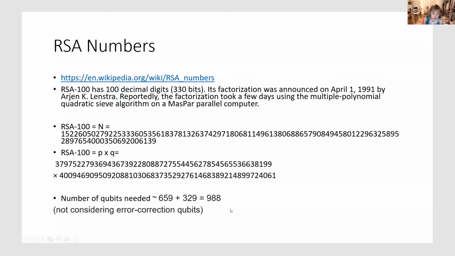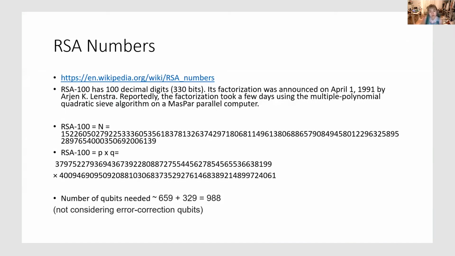So that's why there are orders of magnitude larger numbers of qubits needed theoretically to run an effective Shor's algorithm. So that's how you can think about how many qubits we'll need.